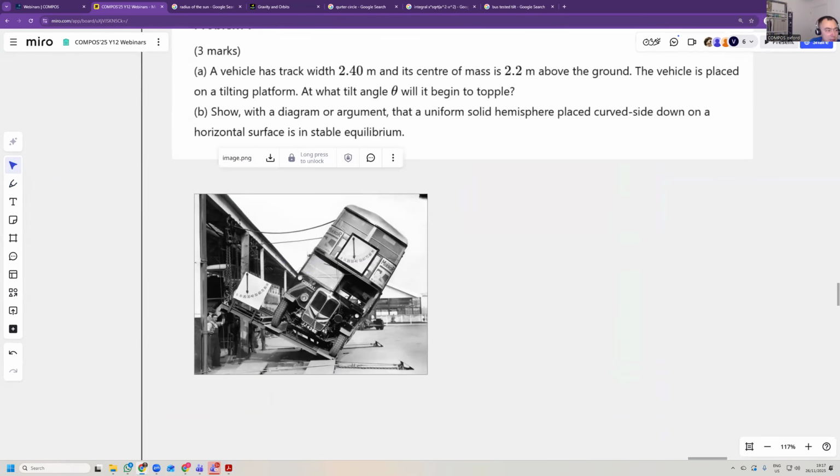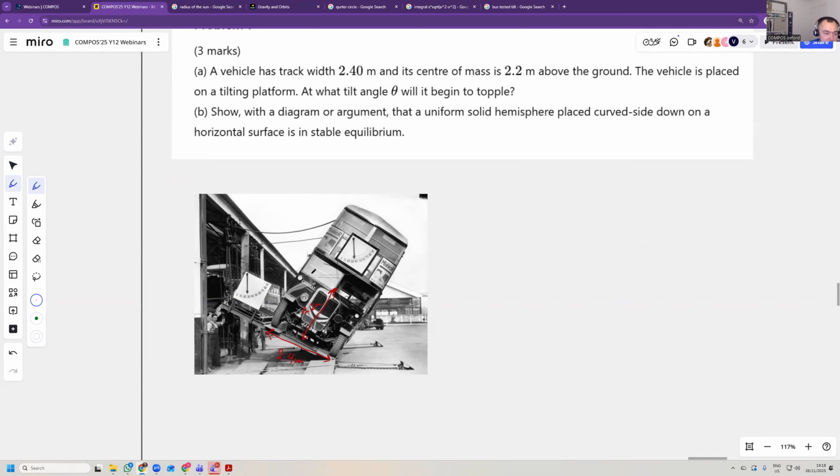So we have a track width, so this is 2.4 meters. And the center of mass is 2.2 meters above the ground.